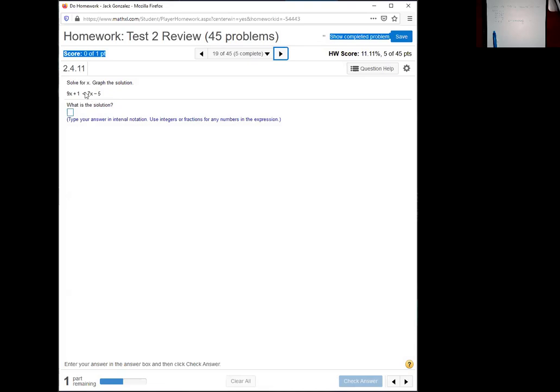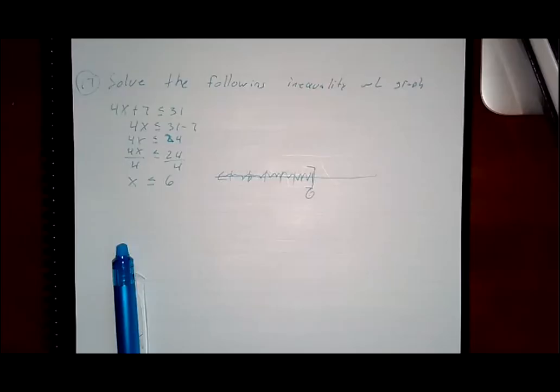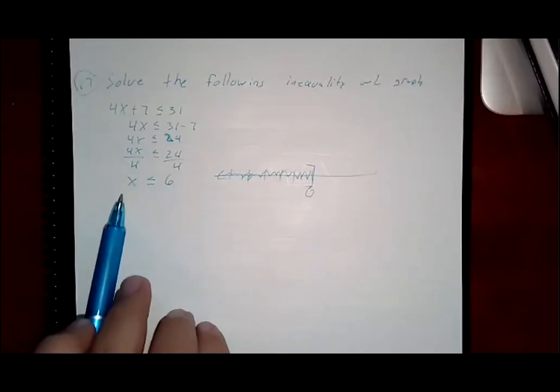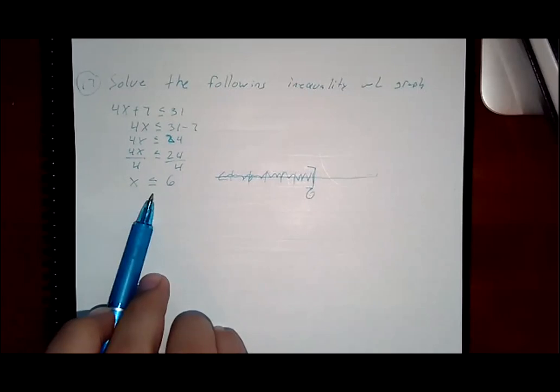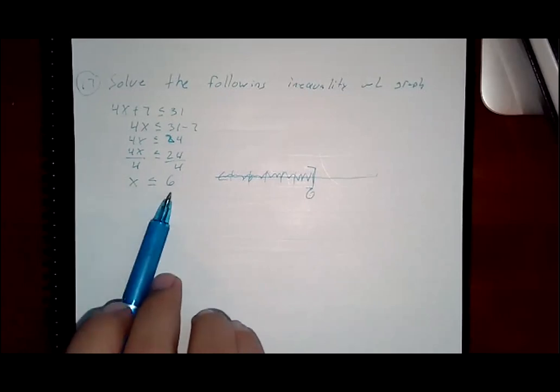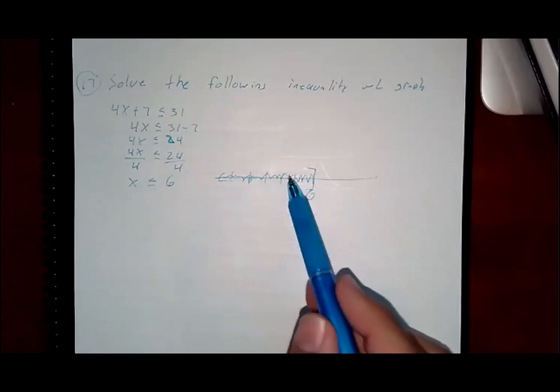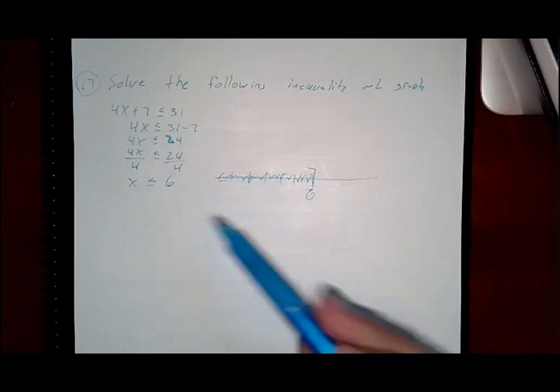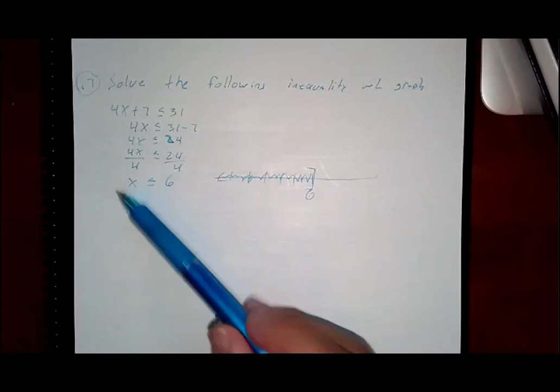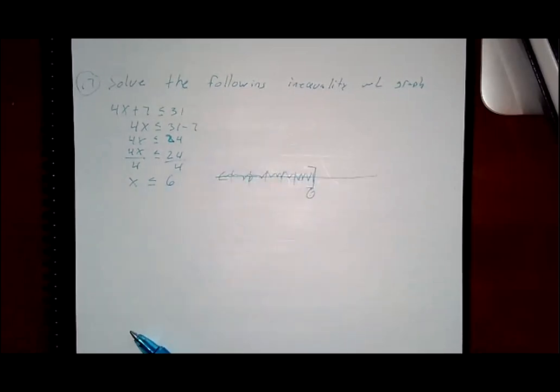This one's the same stuff, except there's x's on both sides. I always advise you keep the x on the left, if you can. That way you know exactly where to graph. Like for example, on this example here, since x is over there, you just graph wherever the arrow is pointing. So x less than 6, the arrow goes this way from 6. So that's easy to do if x is over here on the left side. So when you're solving for these, try to keep it on the left.